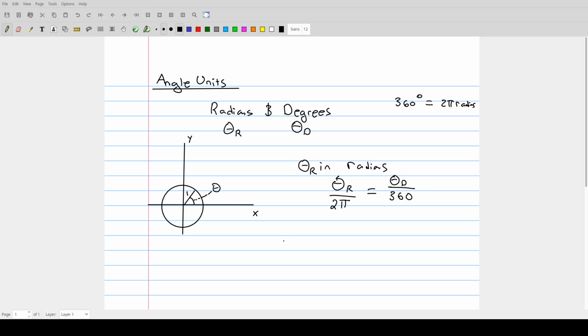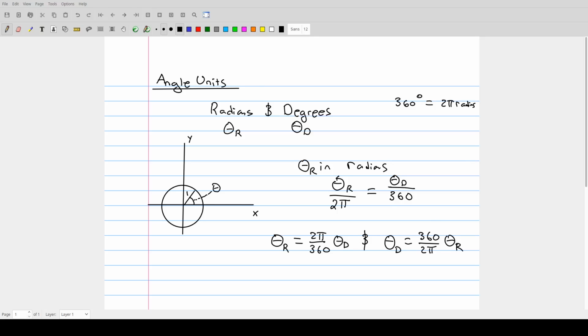So for instance, if you have an angle in degrees and you want the angle measurement in radians, theta r is just going to be 2 pi over 360 times the angle measurement in degrees. Or vice versa, if you have the angle measurement in radians and you want it in degrees, the angle measurement in degrees is going to be equal to 360 over 2 pi times the angle measurement in radians.